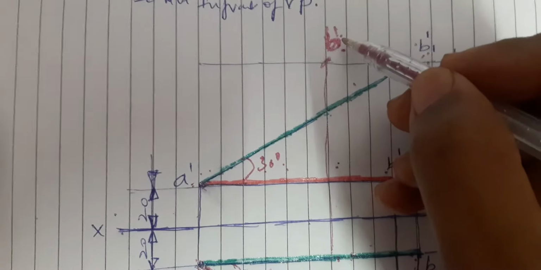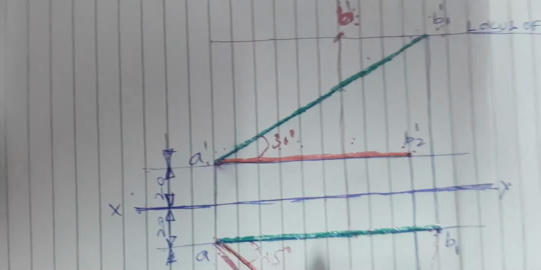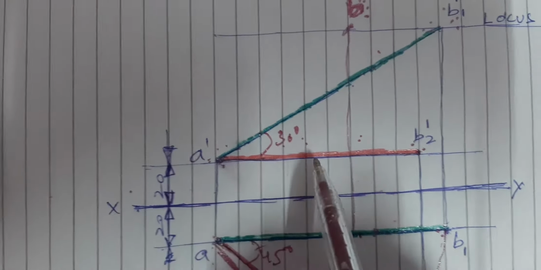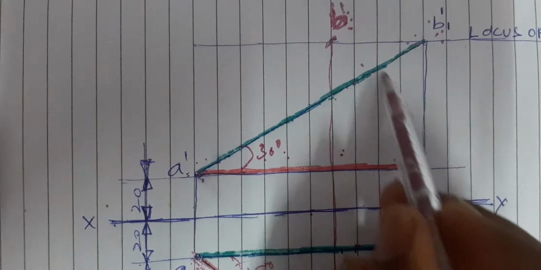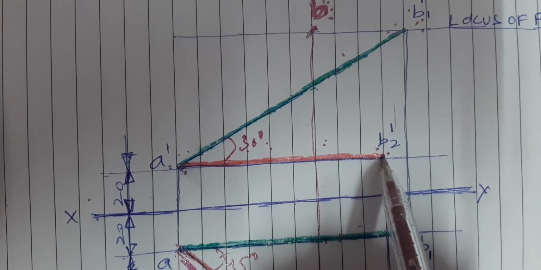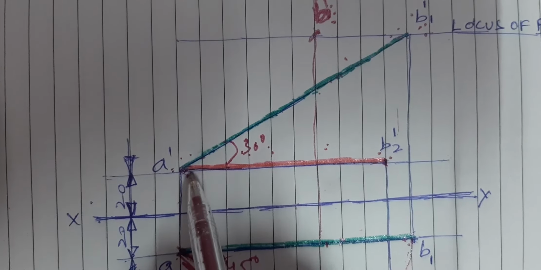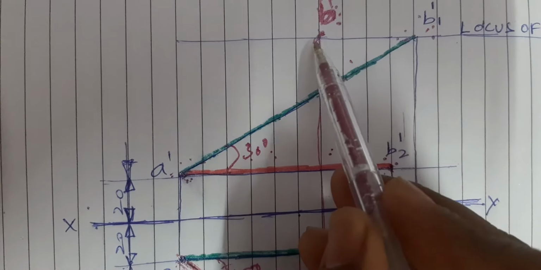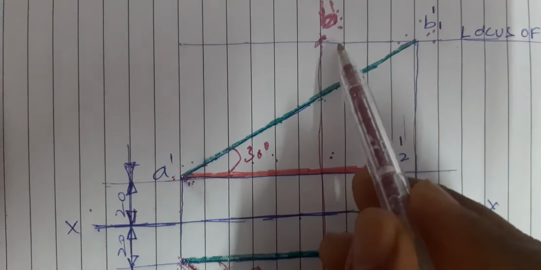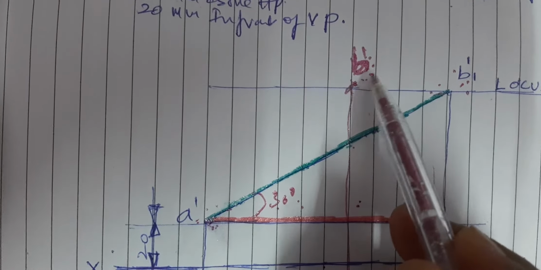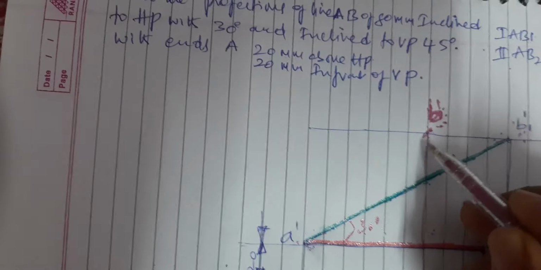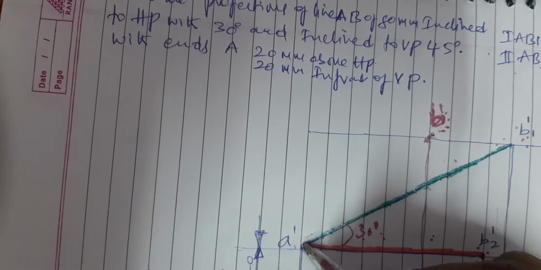There is another way to get B dash, that is by taking A dash as center and A dash B2 dash as radius. When you draw the arc like this, you will get B dash. Okay, so now join B dash with A dash.